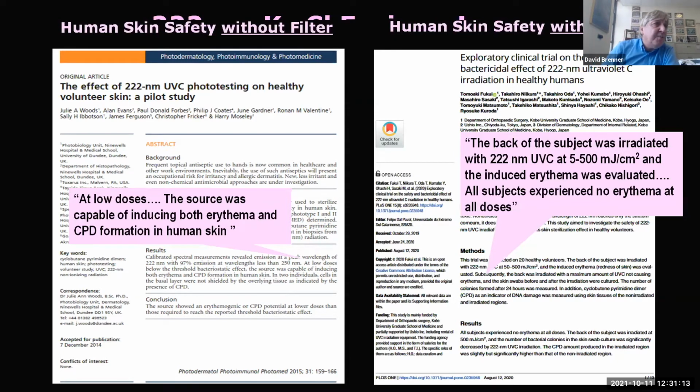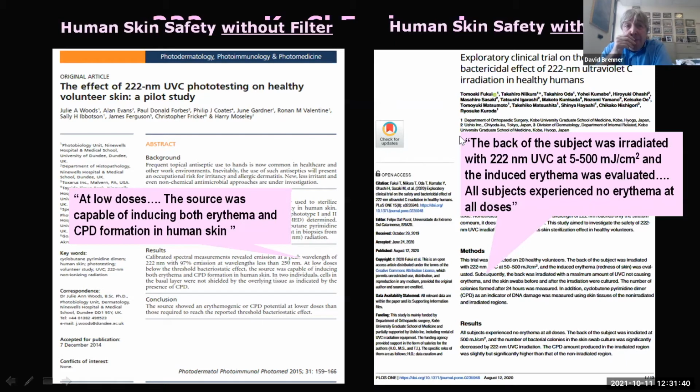This was a paper published in 2015, actually irradiating human skin in healthy human volunteers. This was the only study of all the safety studies that have been done without a filter. So some 5 years later, that study was essentially repeated with a UV lamp with a filter, and that's this paper on the right here.